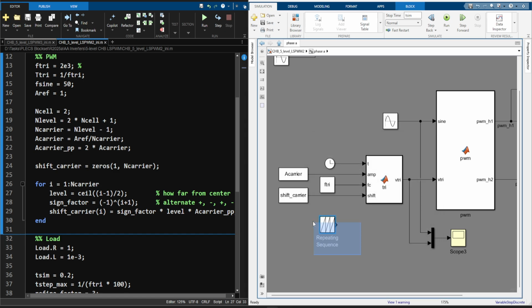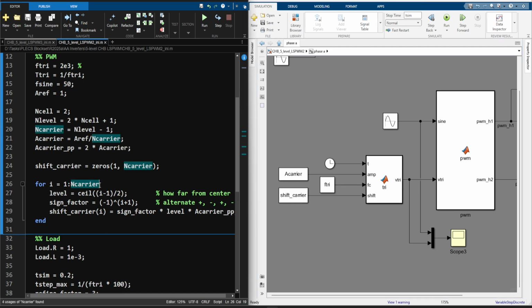I wanted to avoid this type of hassle, and that's why I chose to do it programmatically. In that way, if you have just the specification of the number of cells, you can have the corresponding number of carrier waves with exactly the right amplitude and level shifts.